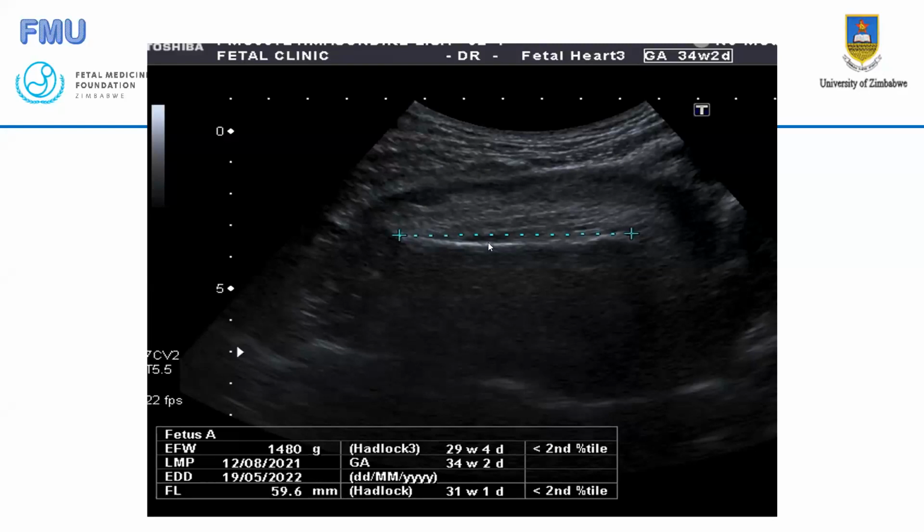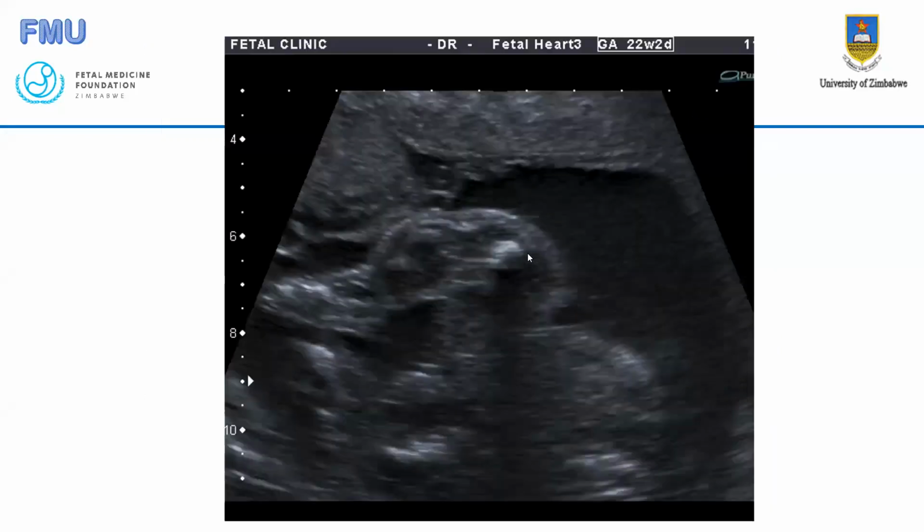This is what we mean by reduced echogenicity or hypomineralization of the long bones. So if you come across a baby whose bones almost look like the skin, you can see there's no echo density, which we are used to when we are measuring the femur here. That's what we mean by hypomineralization of the long bones.